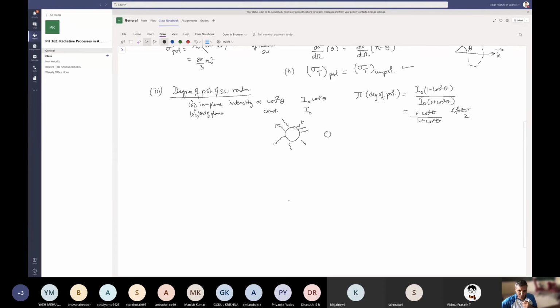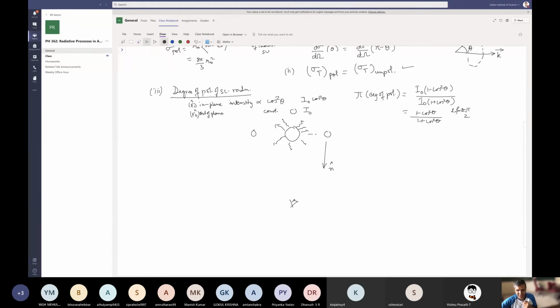Now suppose you're observing this planet from here at various phases. In this case, your n hat is in this direction.